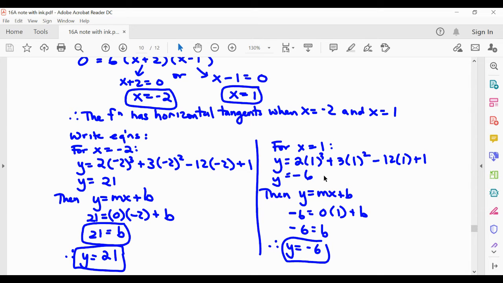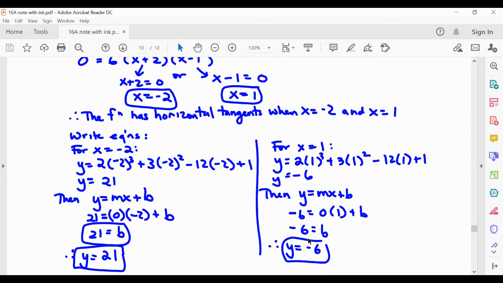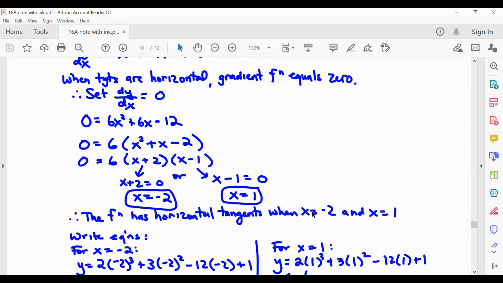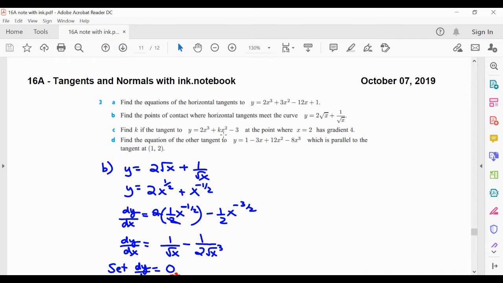So where's the point where the slope of the tangent is equal to 0? Then I can sub that into my y equals mx plus b formula along with a slope of 0 and find the other y-intercept where this has a horizontal tangent. And remember that the equation of a horizontal line is just y equals something. So those were our equations.